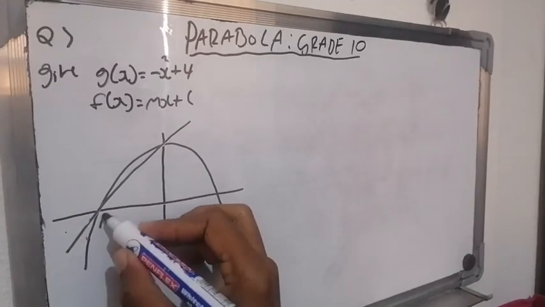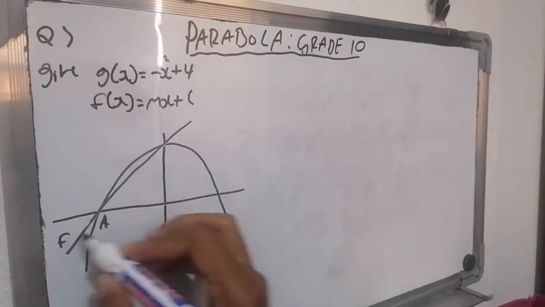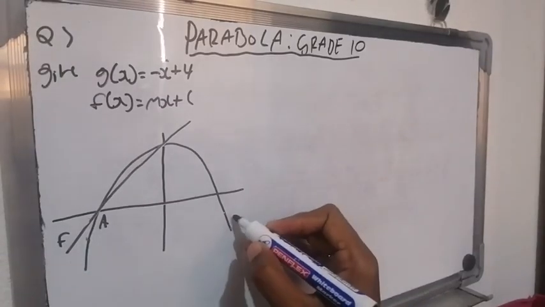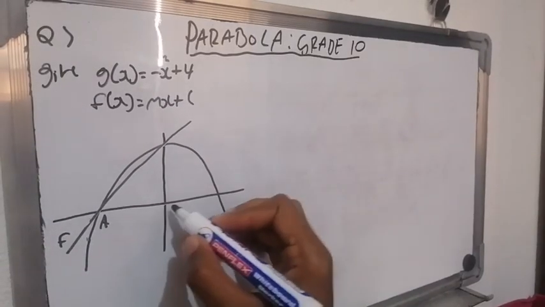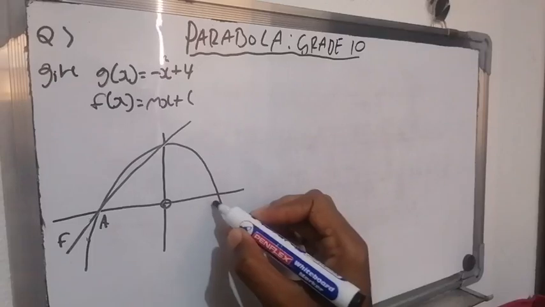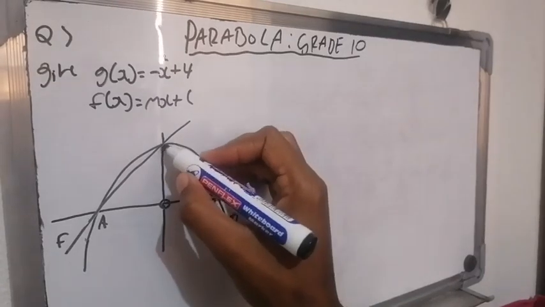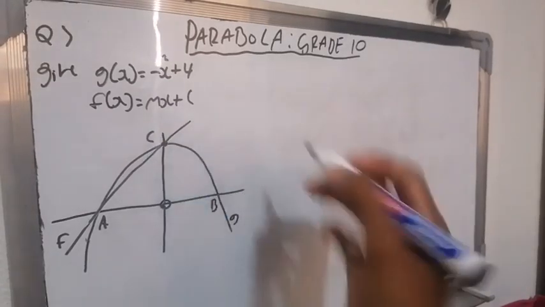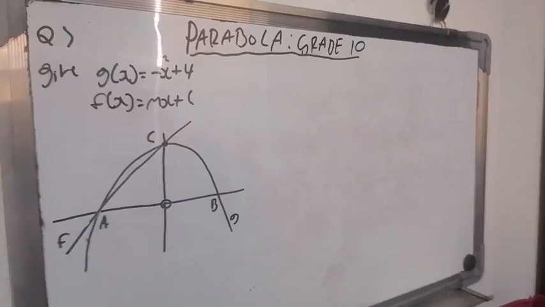Then they said this is A, this is the graph of f, the straight one, and this is the graph of g, the parabola. And then this is 0, and then this is B, and then this is C. That is the turning point. That is the C. So that's all the information you have. They just drew the graph for you and gave you the thing.